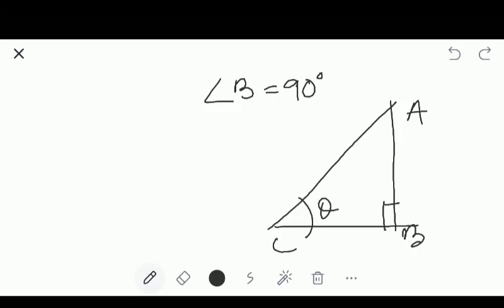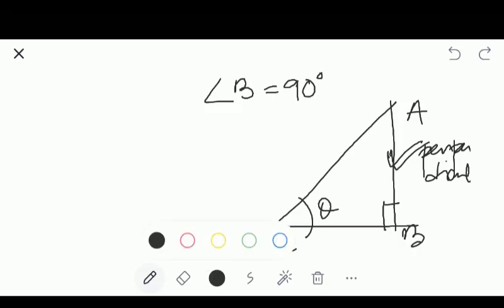The side opposite the angle is known as the perpendicular. The horizontal line adjacent to the angle is known as the base, and the line of sight is known as the hypotenuse, which creates the angle theta with the base.